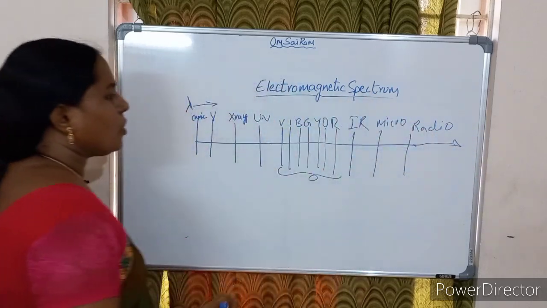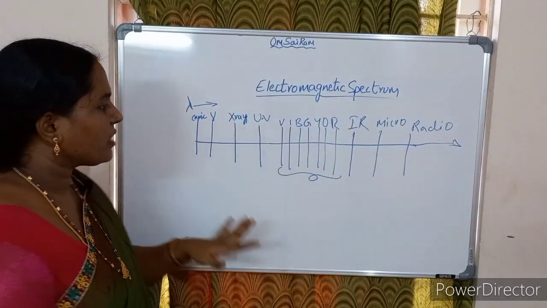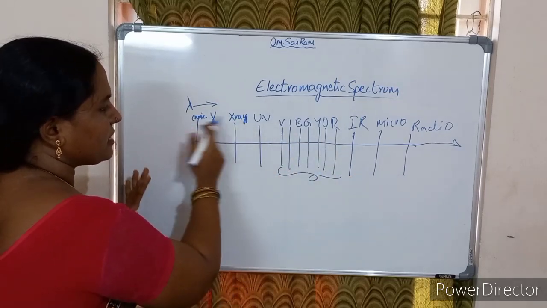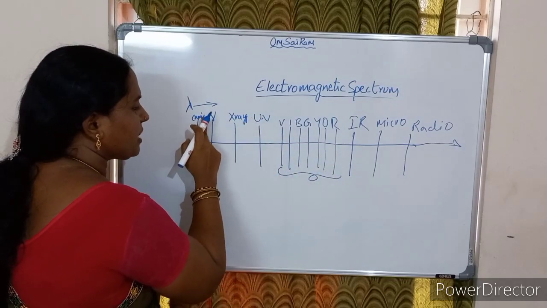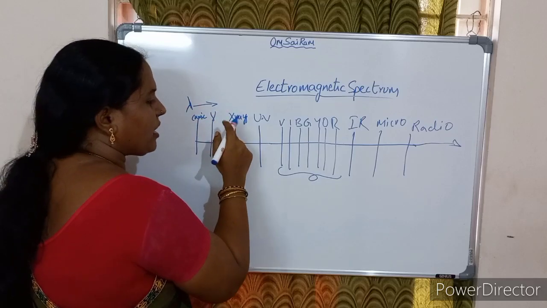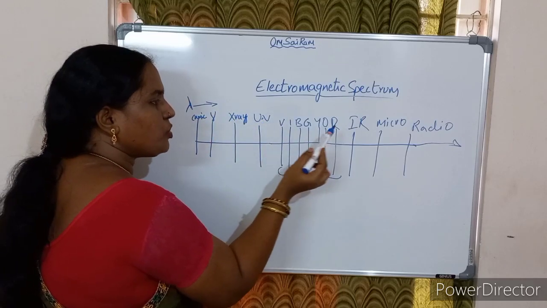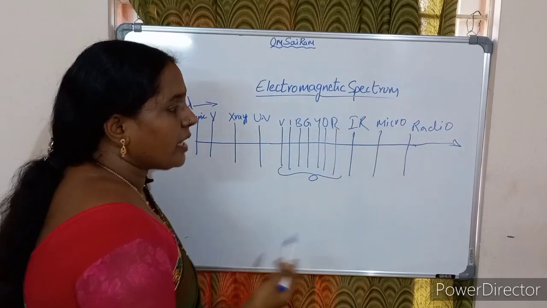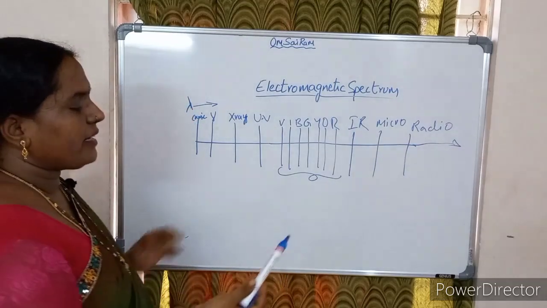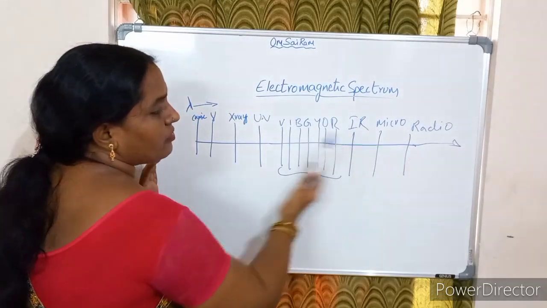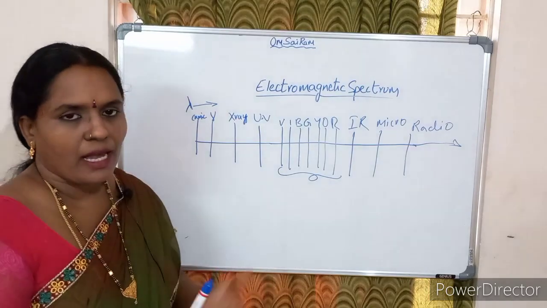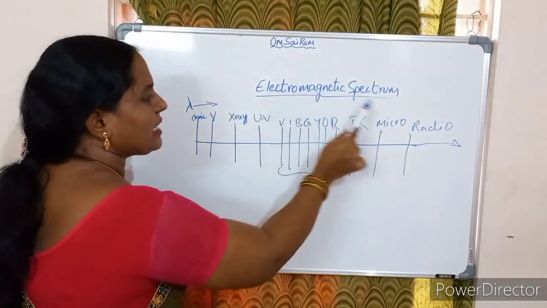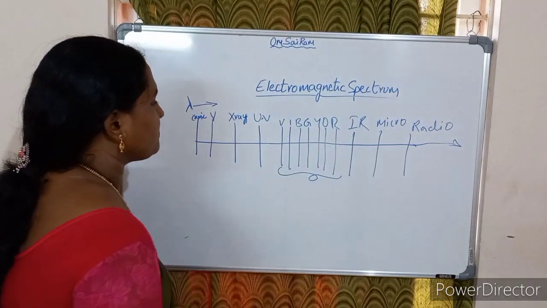So, a collection of different wavelengths. See here, the wavelength of cosmic rays, gamma rays, X-rays, UV rays, VIBGYOR, IR, microwaves, radio waves. The entire range of wavelengths of different electromagnetic waves is called the electromagnetic spectrum.